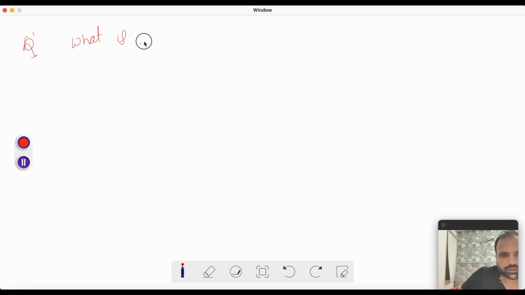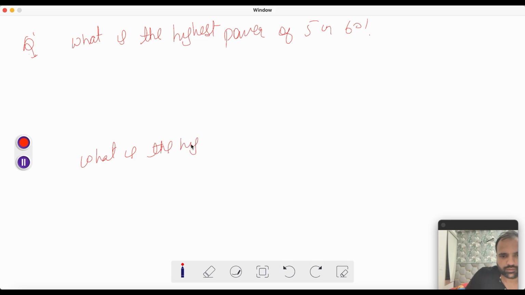What is the highest power of 10 in 60 factorial?